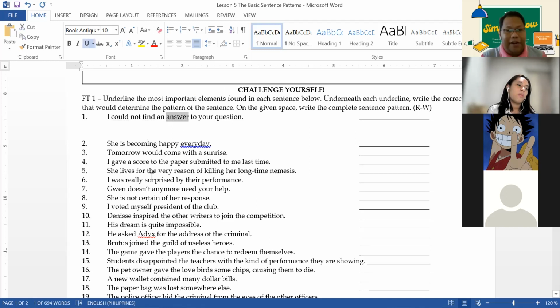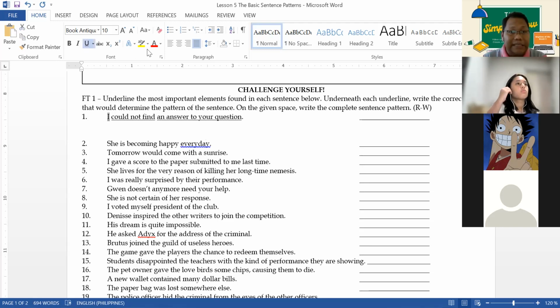Sir, what if I underlined everything? When you underline everything, at least you should have still done it in segments. Meaning, you underline this group separately, while this one is taken as a separately underlined component. Okay, I'll consider that.